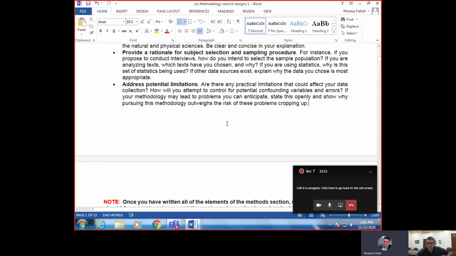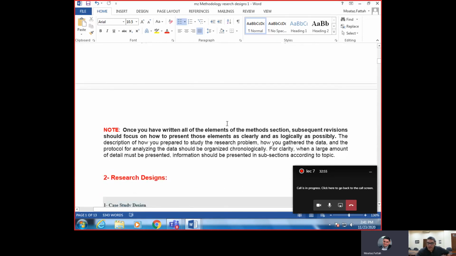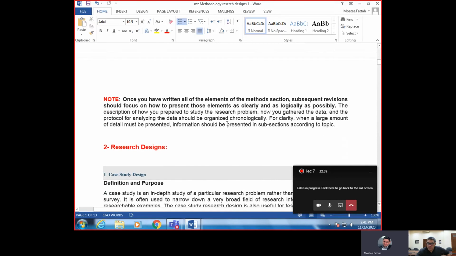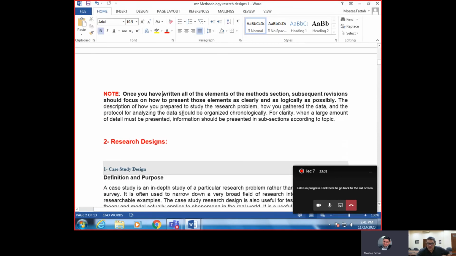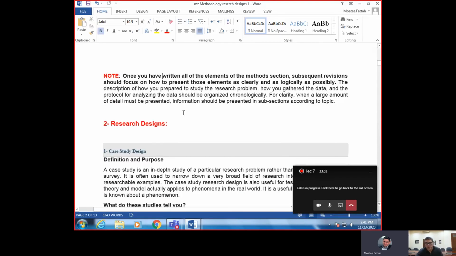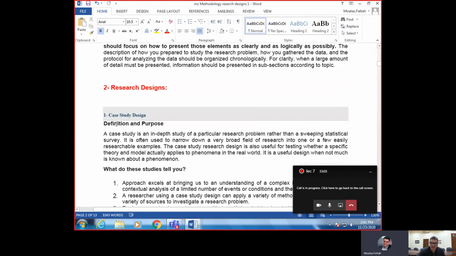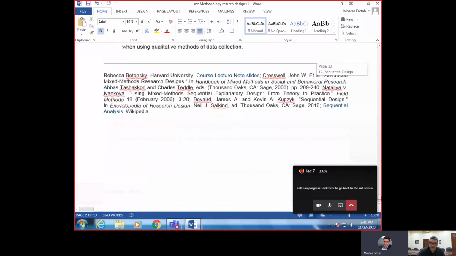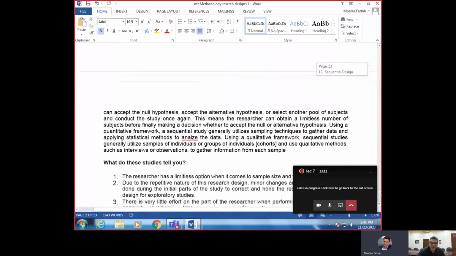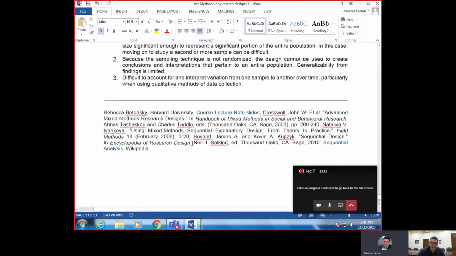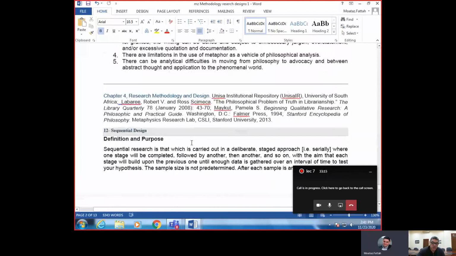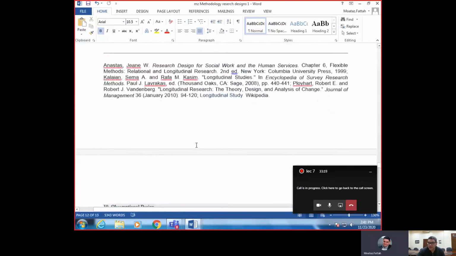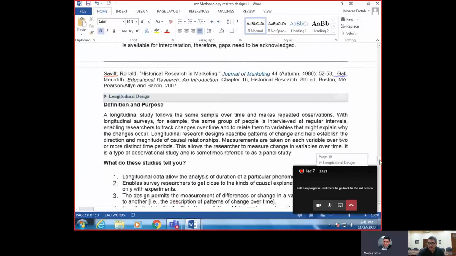Okay. Of course, you can take all these notes, they are important. But here I'm going to the research designs. We have so many research designs. Of course, guys, we are in social sciences. We have so many techniques to do data collection and data analysis and so on.